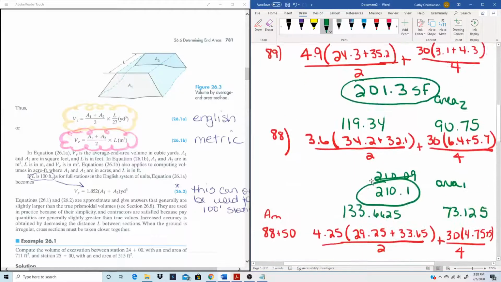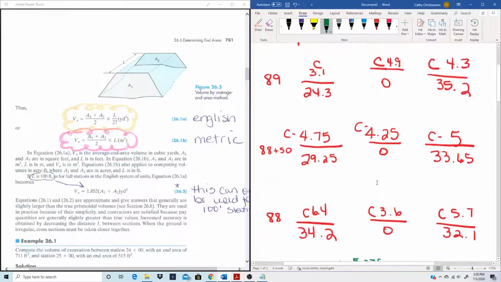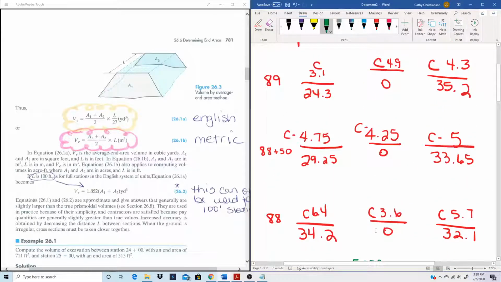Well, I'm going to come back and look at my center numbers again just to make sure I didn't get anything off there. Four, 2, 5, and 0, so that's good. Five. And that's good.